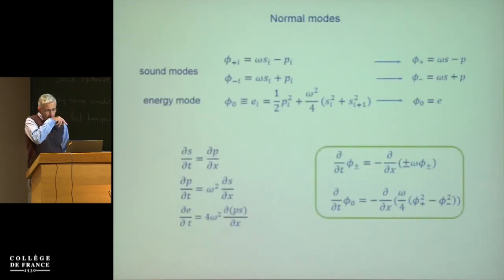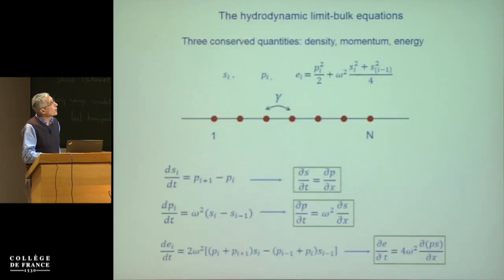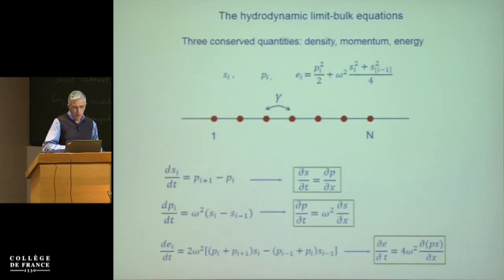So the way to proceed is to diagonalize. Yes? No, this is just, of course, there is gamma. The gamma is the thing that allows you to mix and equilibrate. It does not change the hydrodynamic limit.